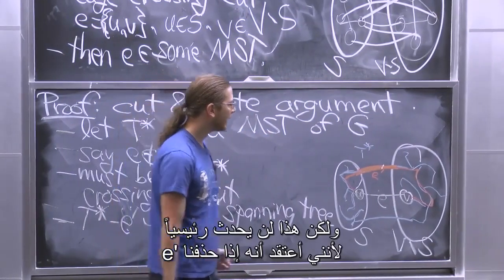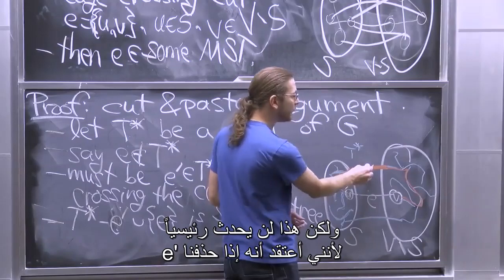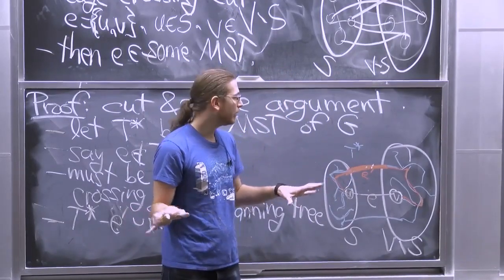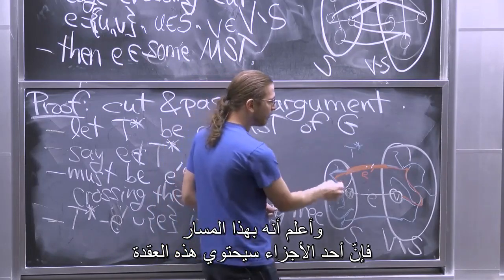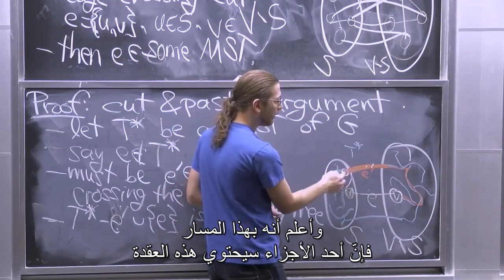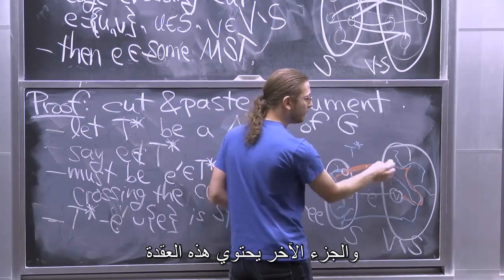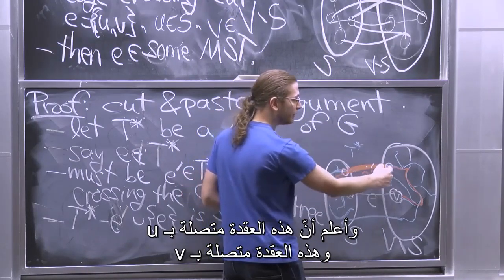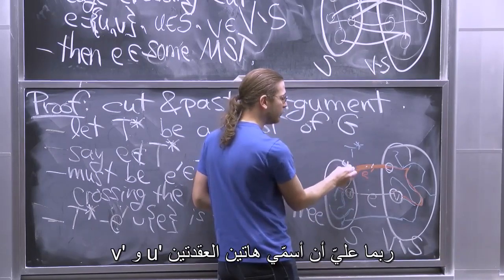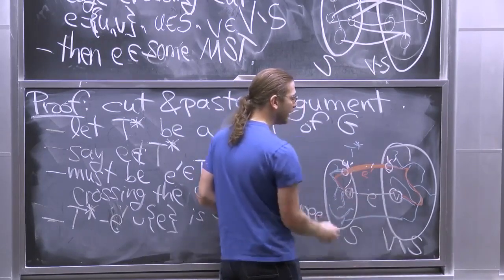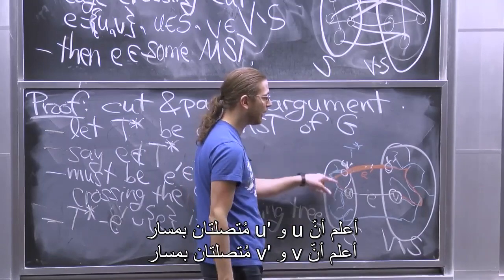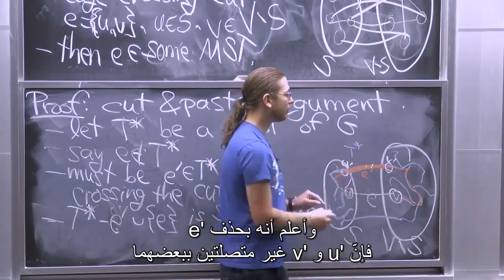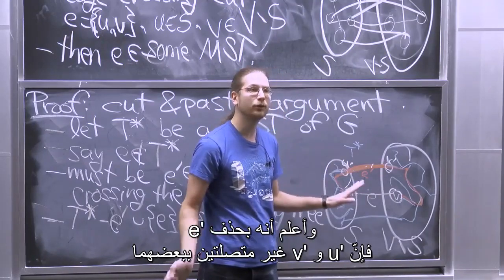But that's essentially not going to happen because if I think of removing E prime, that disconnects the tree into two parts. And I know by this path that one part contains this vertex, another part contains this vertex, and I know that this vertex is connected to U and this vertex is connected to V. Maybe I should call this U prime and V prime. I know U and U prime are connected by a path. I know V and V prime are connected by a path. But I know that by deleting E prime, U prime and V prime are not connected to each other.